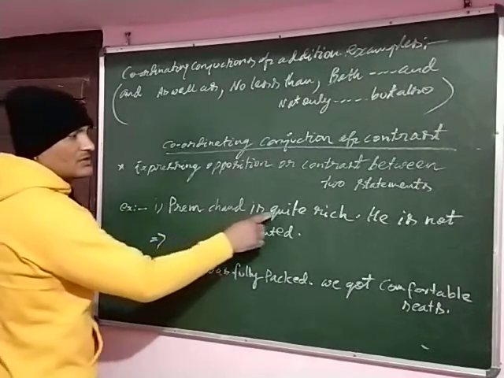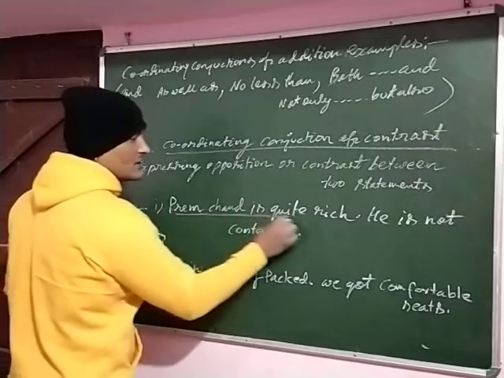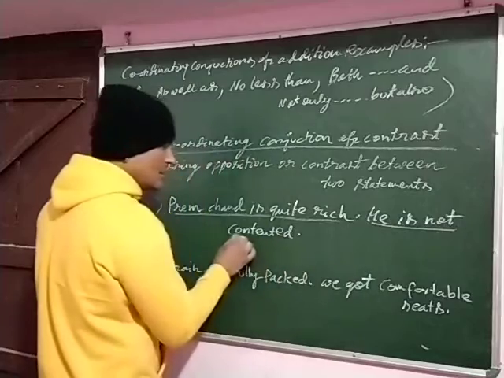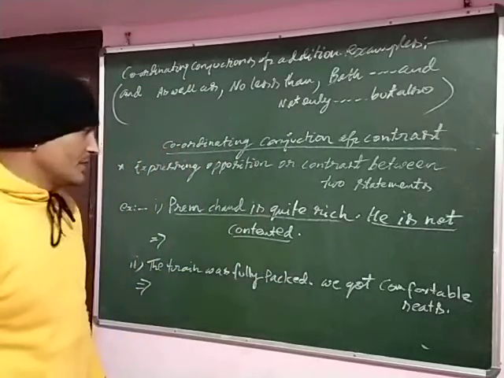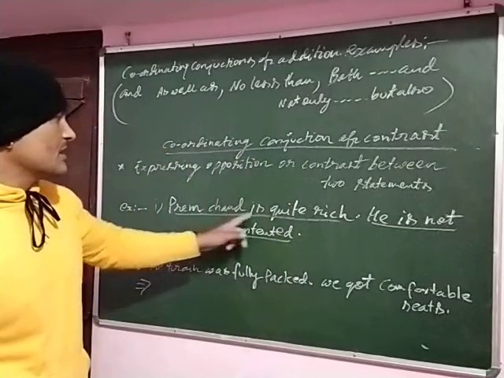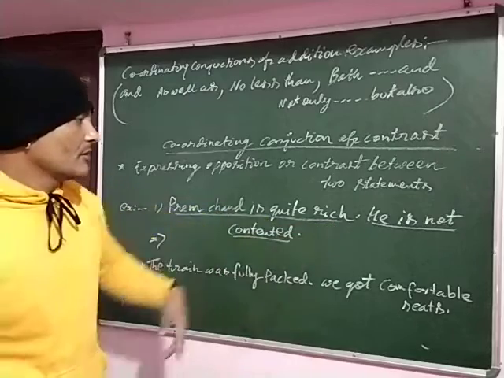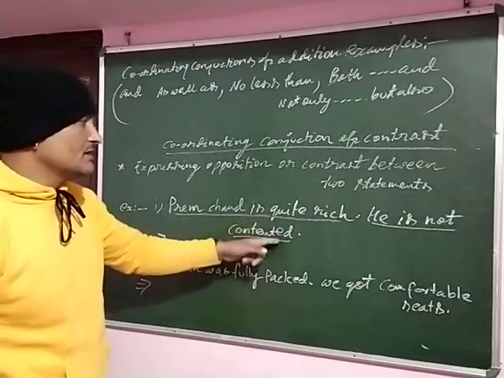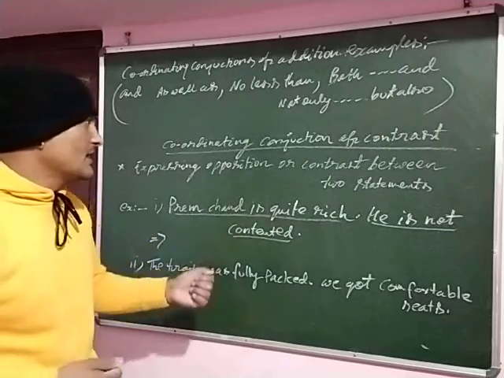Prem Chand is quite rich is one sentence. He is not contented. This is the second statement. Now these two statements have ideas in different forms. Prem Chand is quite rich. He is not contented.